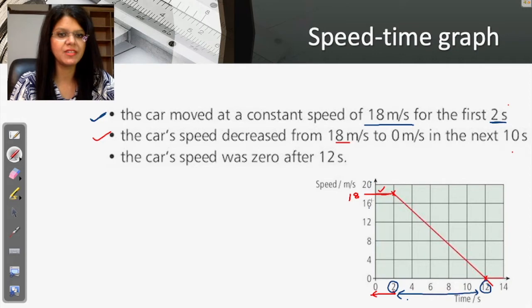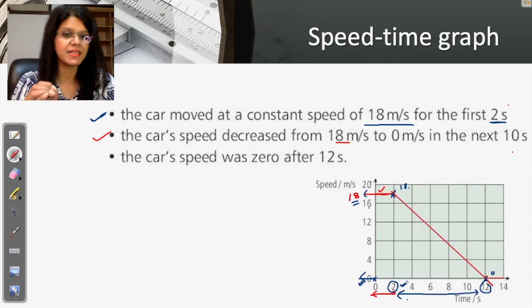The speed went all the way from 18 at this point to 0 at this point, right? Speed was 18 here, speed is 0 here. You look at the y coordinate if you want to find out the speed. At time 2, which is the x coordinate, the speed was 18. At time 12, which is the x coordinate, the speed was 0, right?